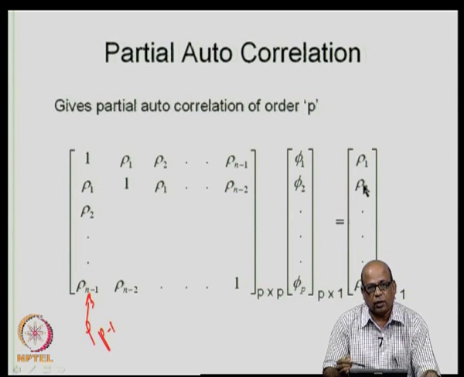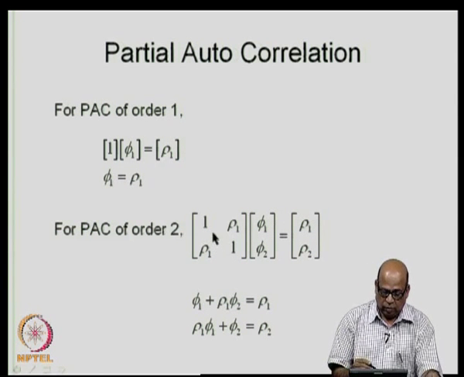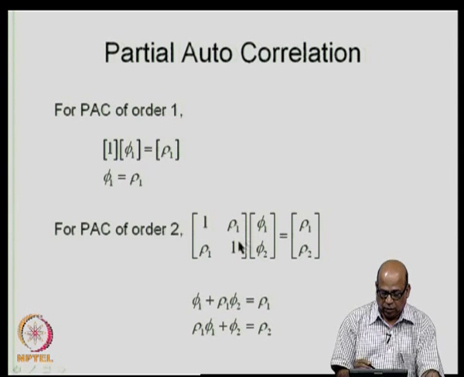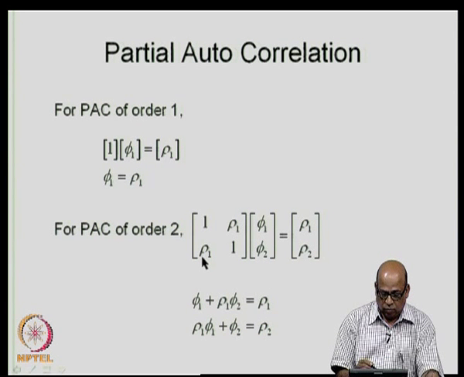That is a second order equation. When we simplify this, I am multiplying this. So, phi 1 plus rho 1 phi 2 is equal to rho 1, that is the first equation. Similarly, rho 1 phi 1 plus phi 2 is equal to rho 2, that is the second equation.